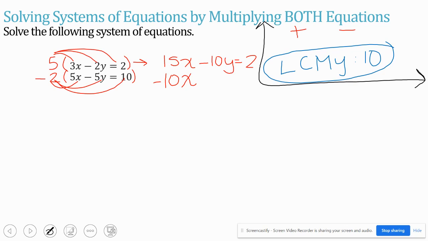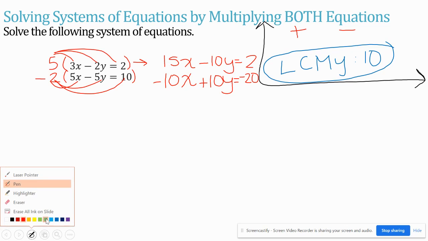Negative 2 times a negative 5y gives us a positive 10y. And then negative 2 times 10 is negative 20. So notice, when I multiplied the negative and the negative, that gave me a positive, which now created those additive inverses of negative 10y and positive 10y.